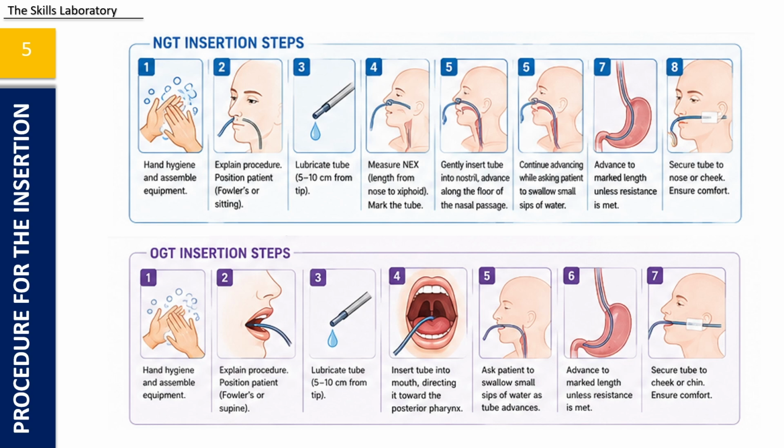Very important also, after explaining the indication for the procedure, you have to position the patient. Fowler's position or sitting position is very helpful for you to insert the tube properly if the patient's position is correct.